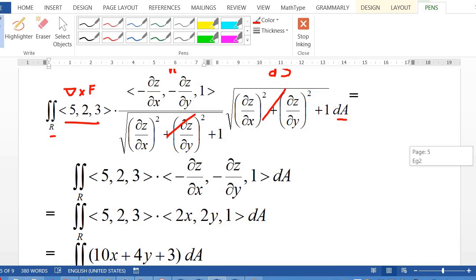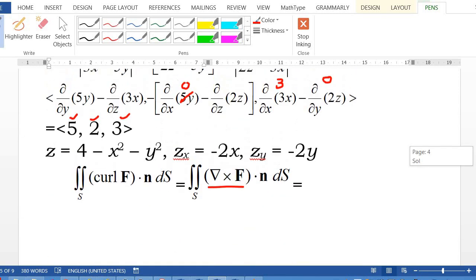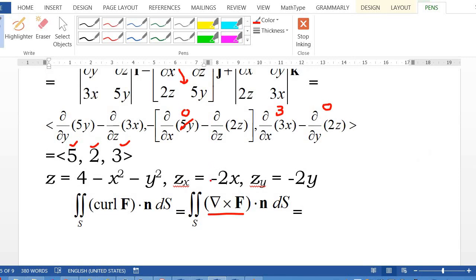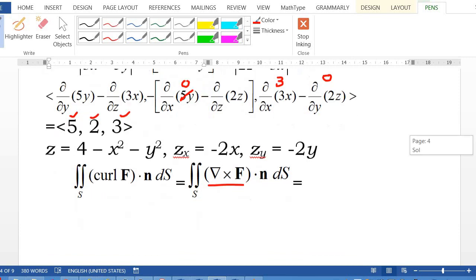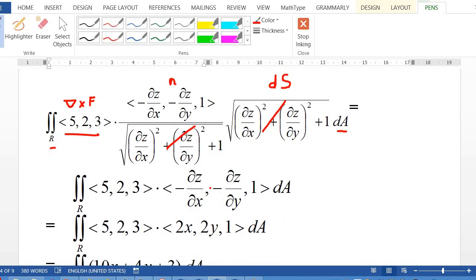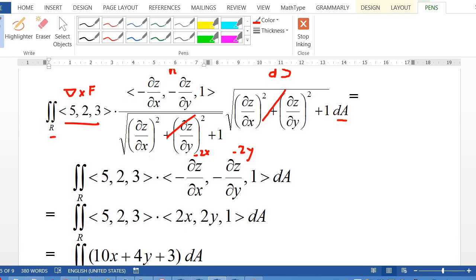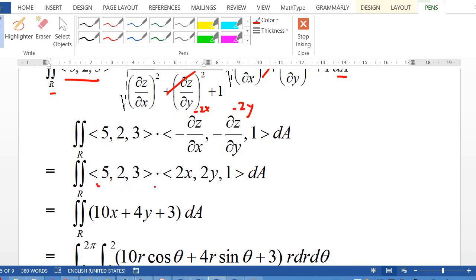Then look back at the del z/del x that you obtained. Del z/del x is negative 2x, negative again, that's why you got positive. Del z/del y is negative 2y, so negative, positive 2y. And then we find the dot product first.